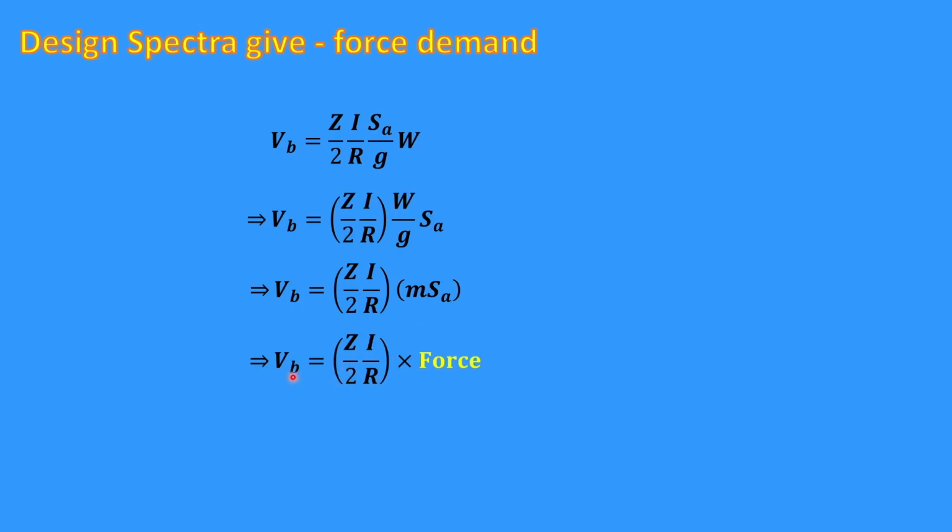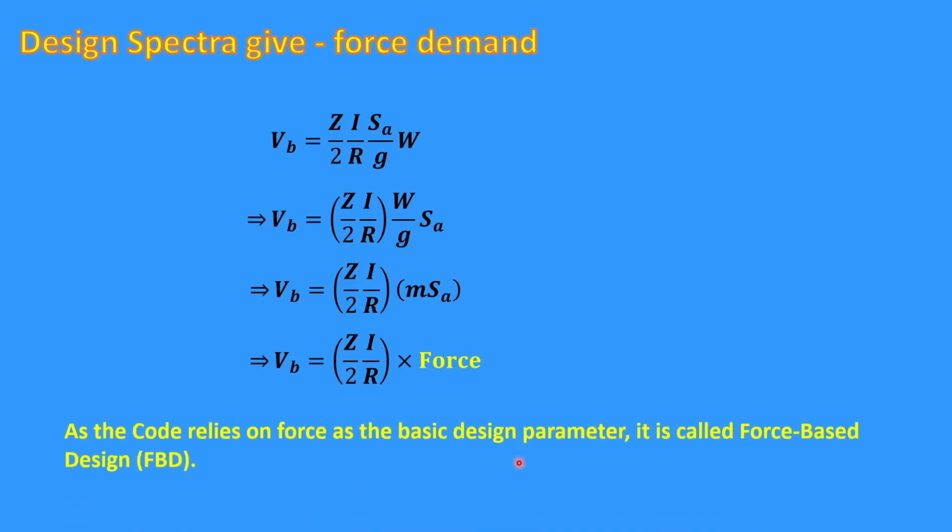So we can write V_B equal to a constant into force. So your codal formula will finally give you a force, and this is the design force. So force remains at the core of the design procedure in codal procedures. That's why the design procedure is also known as force-based design, FBD.